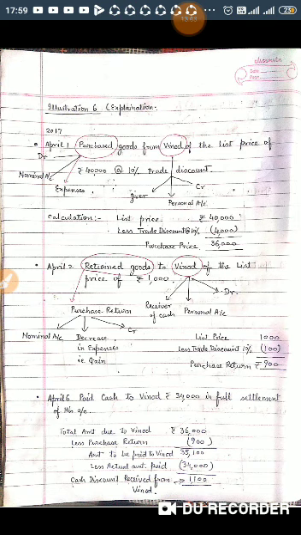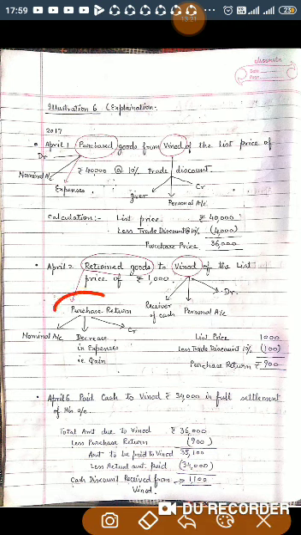So two accounts are involved. When we are returning goods to the supplier, this is represented by the purchase return account, right? Whenever you are returning goods to the supplier, it is represented by the account purchase return or return outward. So the purchase return account, we have already discussed, is a nominal account.